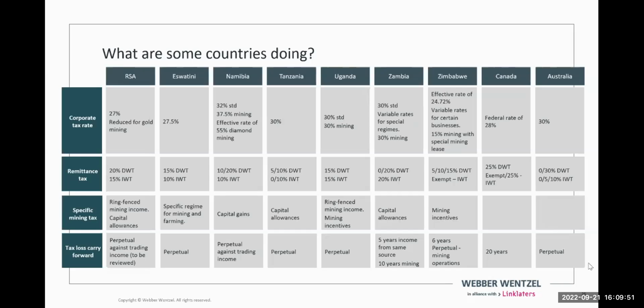What was he thinking? I think, so let me talk to the South African example. Our regime has just been reviewed, and it is currently being changed from perpetual to non-perpetual, to a limited carry forward. My sense is that as companies have become more successful, the perpetual loss carry forward is regarded as a harmful tax practice for revenue authorities.